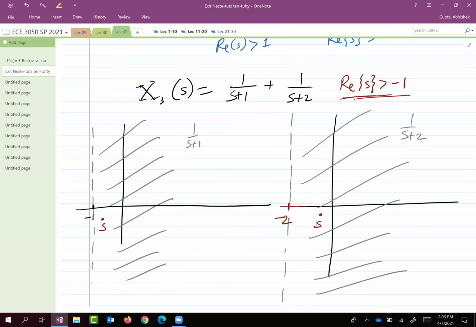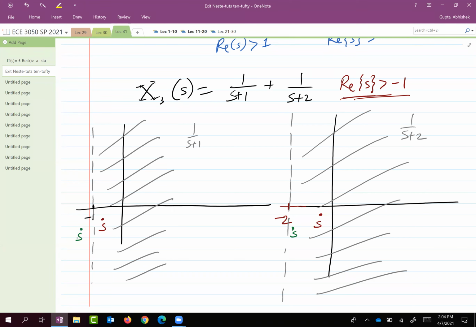Now, one suggestion was, what about s between -2 and -1? So let's pick an s here, between -1 and -2. It's right of -2, but it's left of -1.